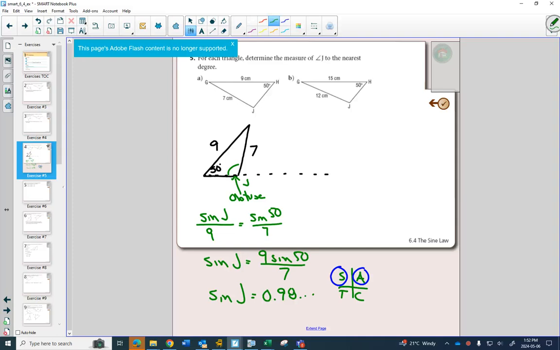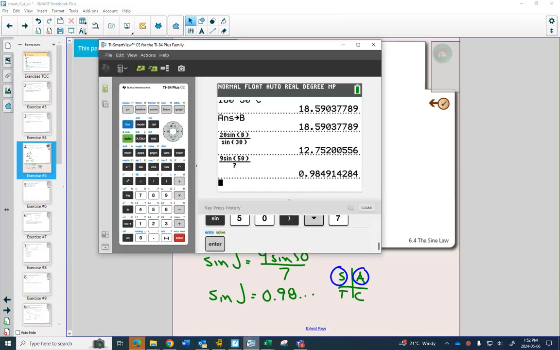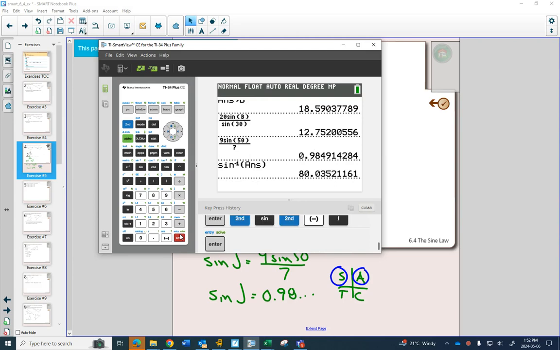The answer in quadrant 1 will be the same as your reference angle and will be acute. The answer in quadrant 2 will be obtuse. So what happens to almost every single student on this question is they take the sine inverse of that answer, and they get 80 degrees, and they check the back of the book, and the back of the book has 100 degrees.